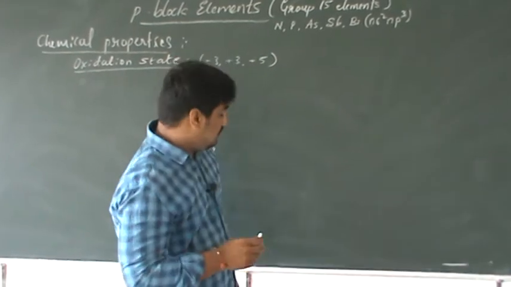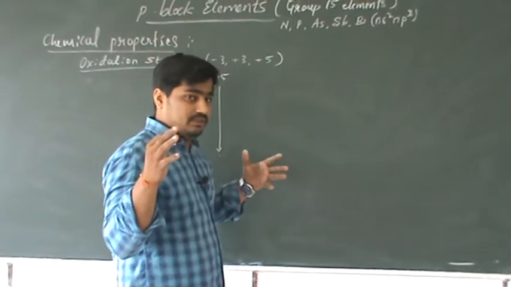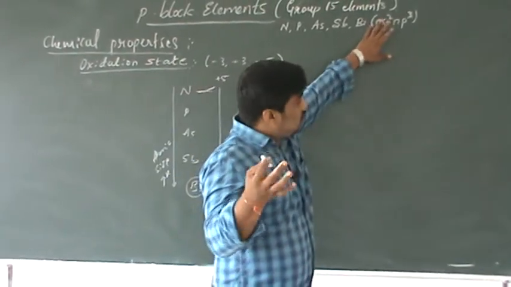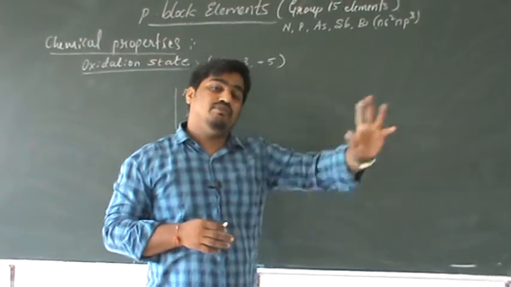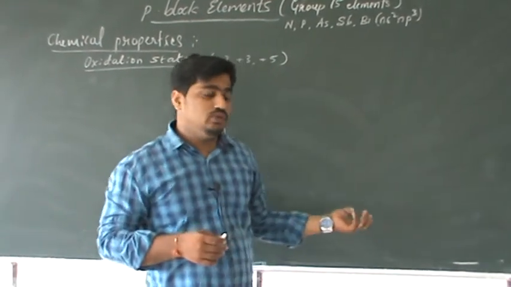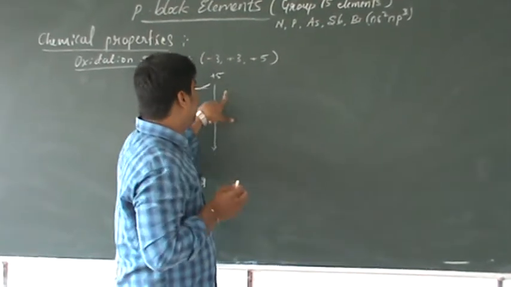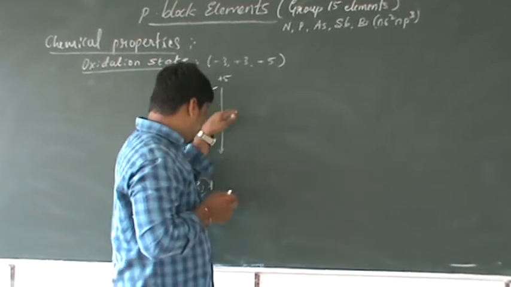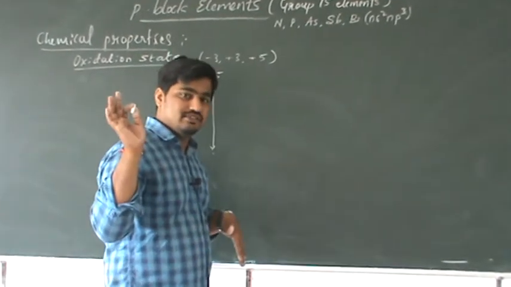But when the size goes bigger, these 2 electrons go inside and 3 go to the outer shell, and removal of 3 becomes very easy compared to 5, due to the inert pair effect. This one is called the inert pair effect. Due to the inert pair effect, the +5 oxidation state slightly increases, then again decreases.